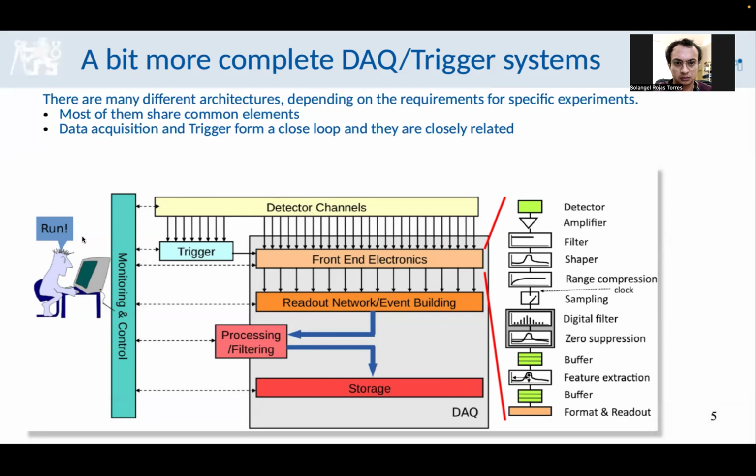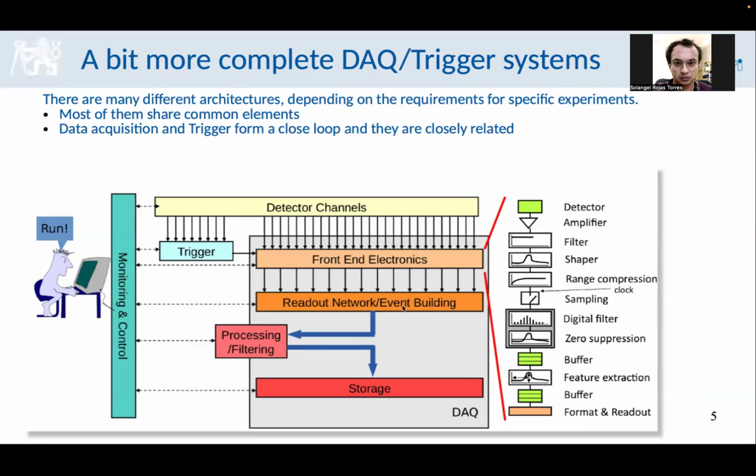Okay. So we have a monitoring and control system, where you control the detectors, you control the front end, part of the processing, you can monitor what is happening, and you can configure the system for working. So we have the detectors. The detectors send some trigger signal, and all of them send signals to the front end electronics.